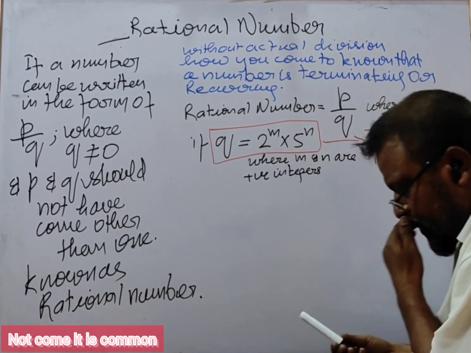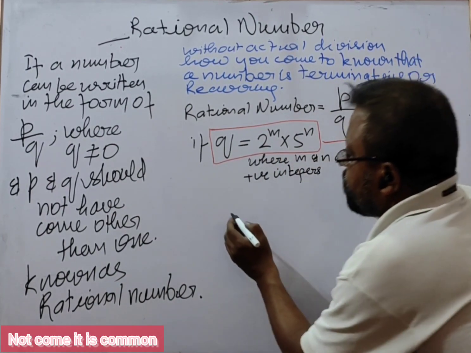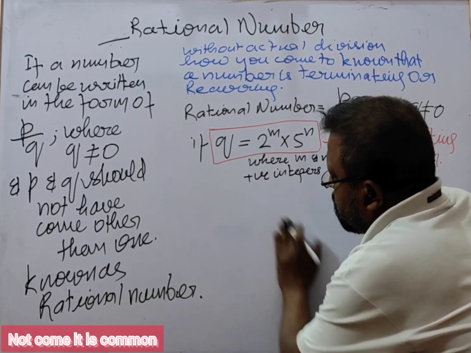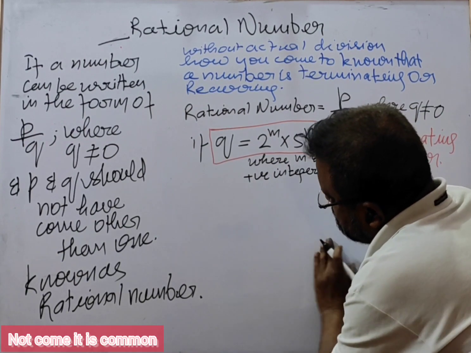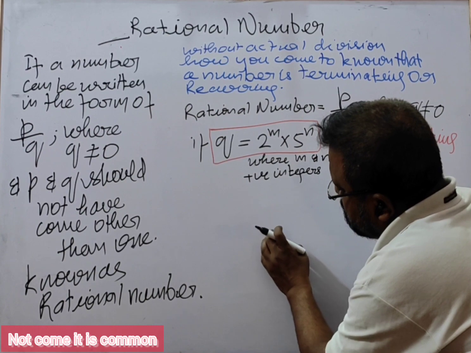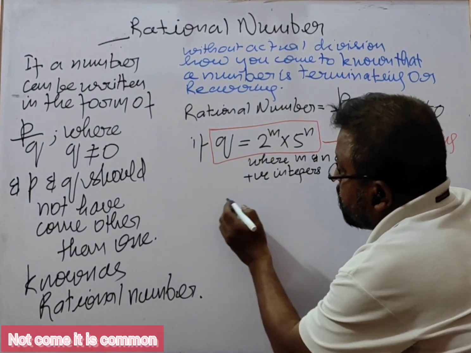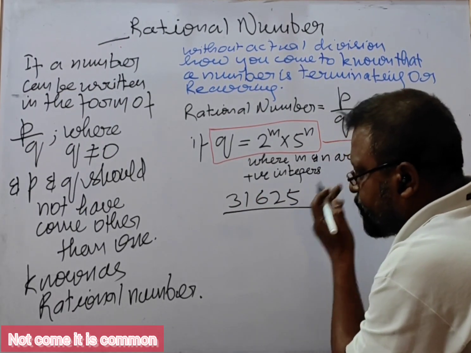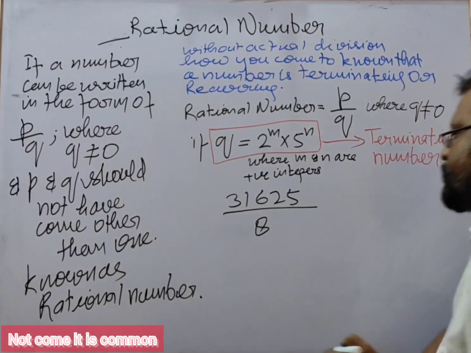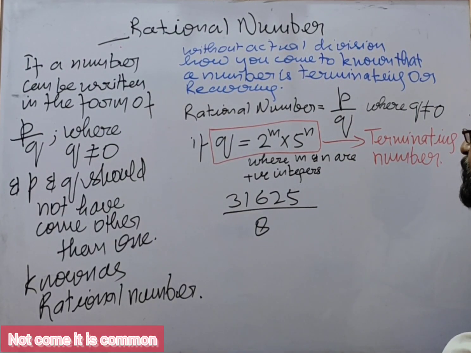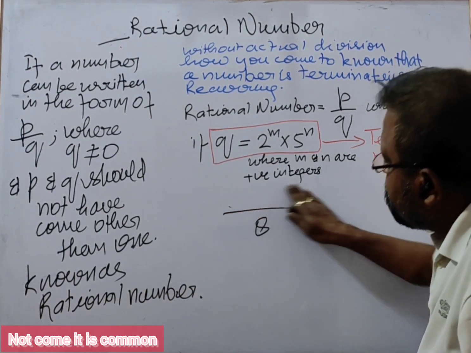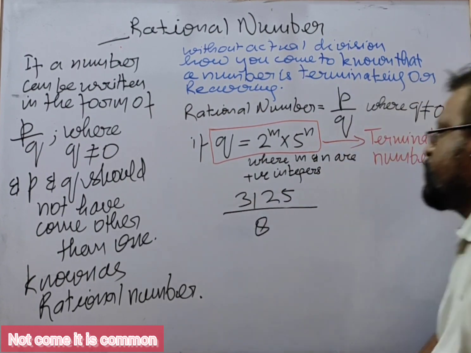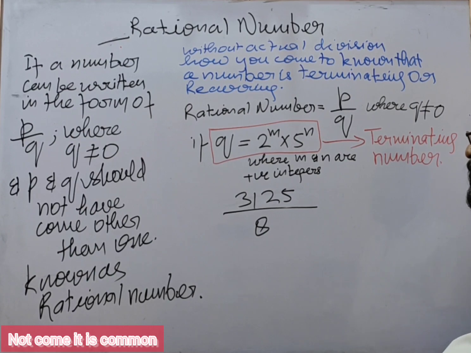If you need an example, say 3125 divided by 8.